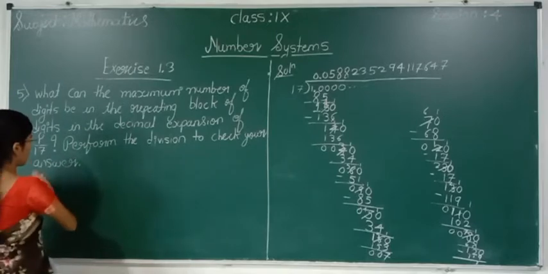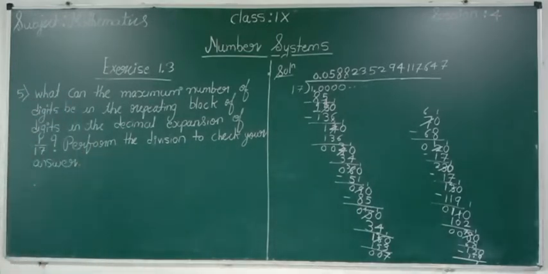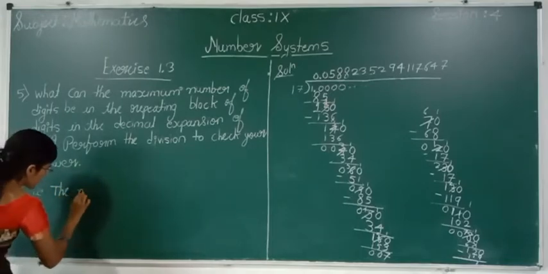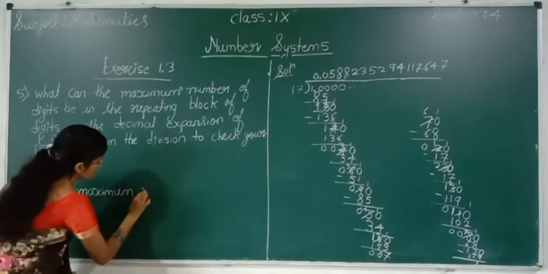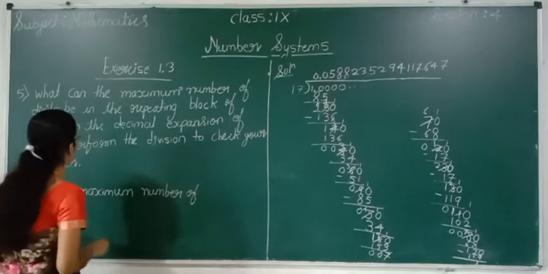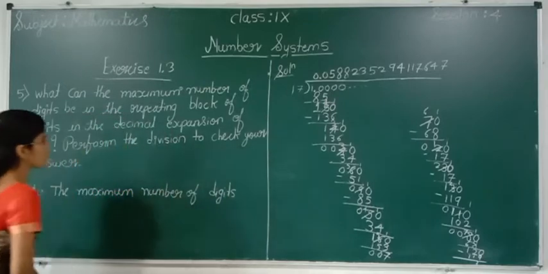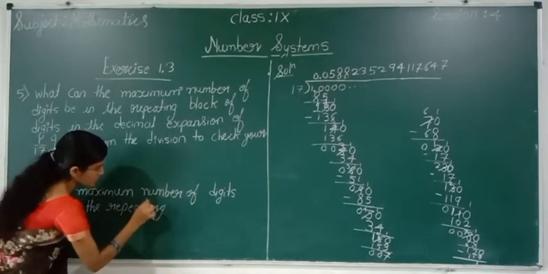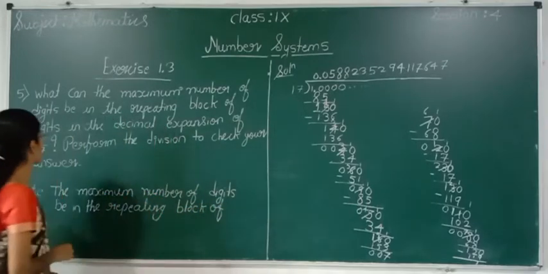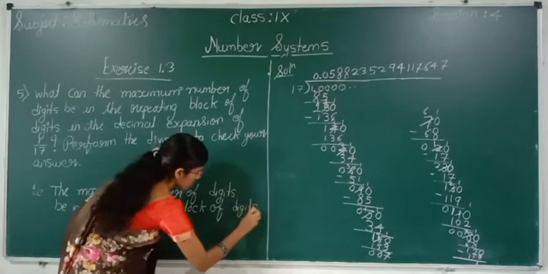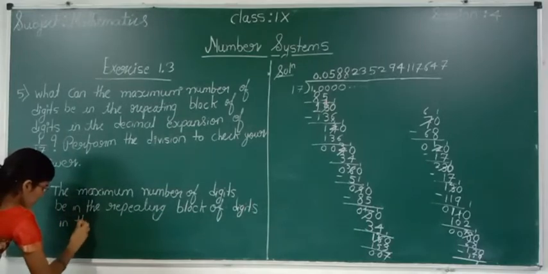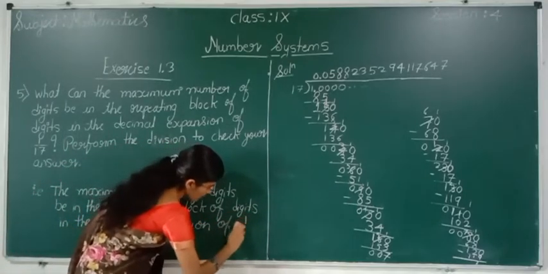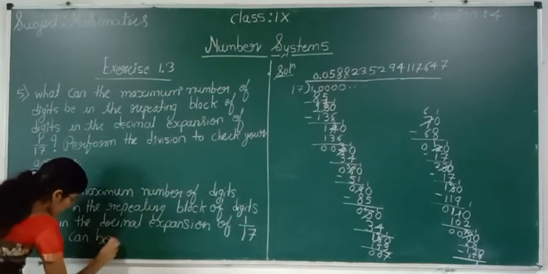The solution, we can write in word form, that is: the maximum number of digits in the repeating block of digits in the decimal expansion of 1 by 17 can be 16.